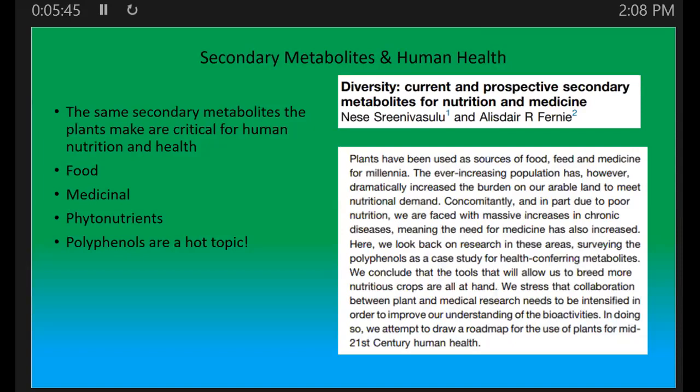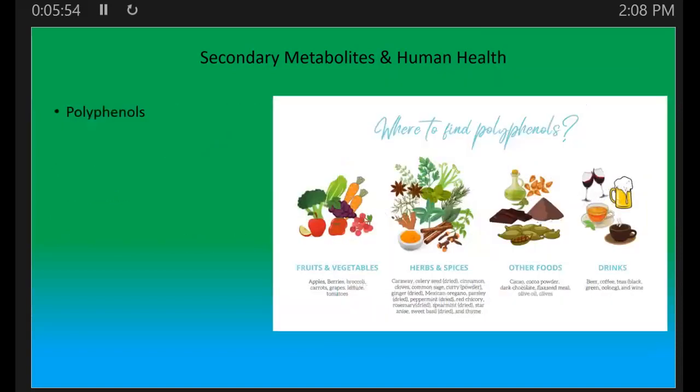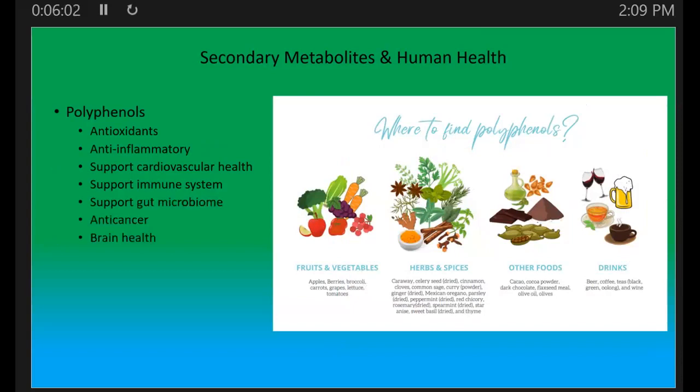It's a really hot topic right now. So I'll mention a little bit about them as well. But when you think about polyphenols, this list is quite impressive. So when I was digging into the literature, these are all the things that were being mentioned that polyphenols can do for us.